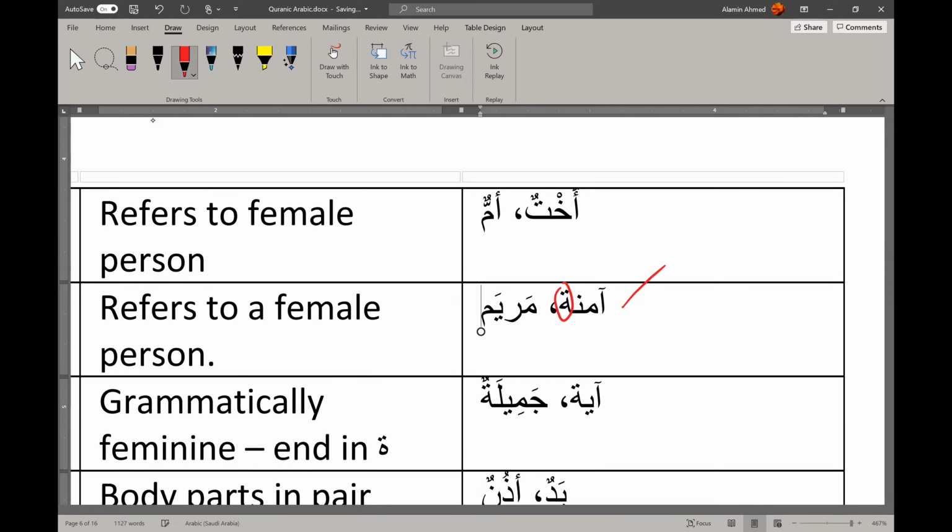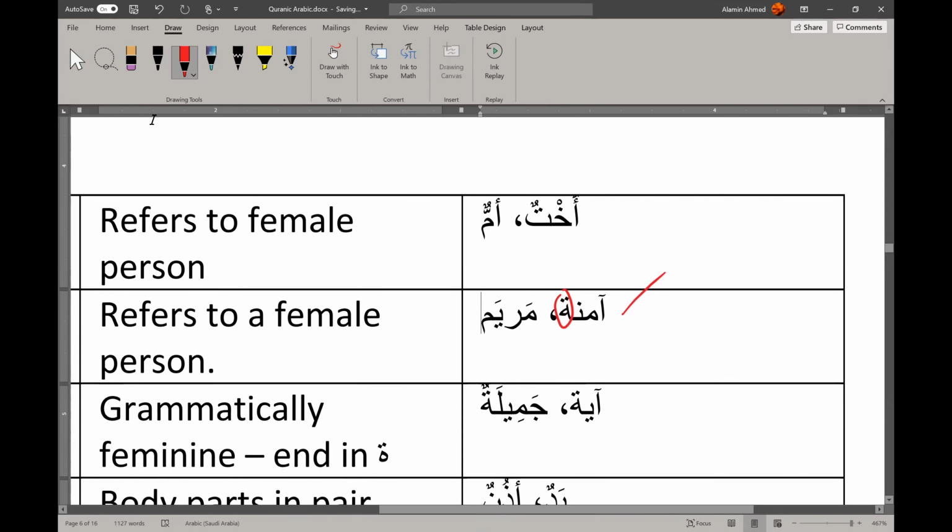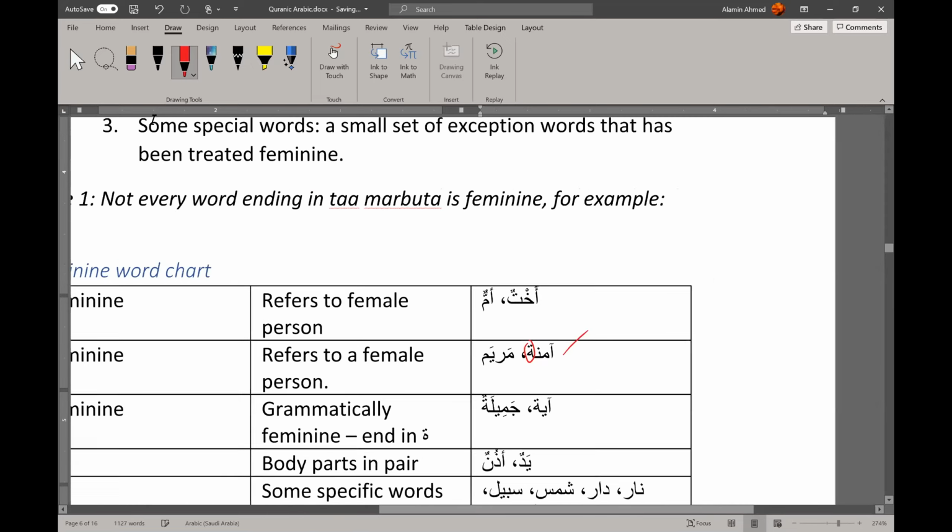Number one, Amina is the name of a female person, you know that, but at the same time it also has tamarbuta. The question is: is it treated as female grammatically? Which one are you talking about, sister? Which part? No, it's not, good question.